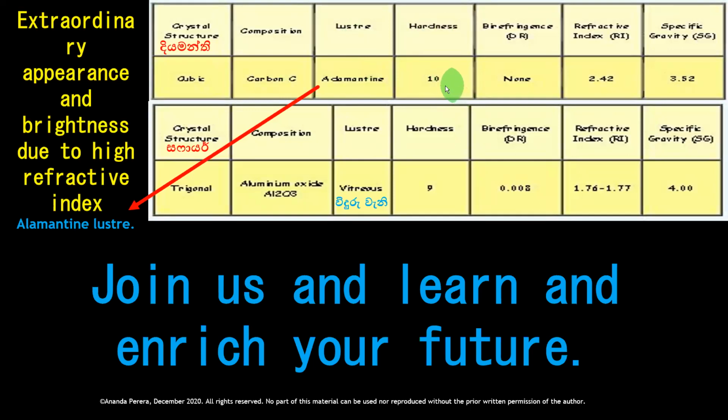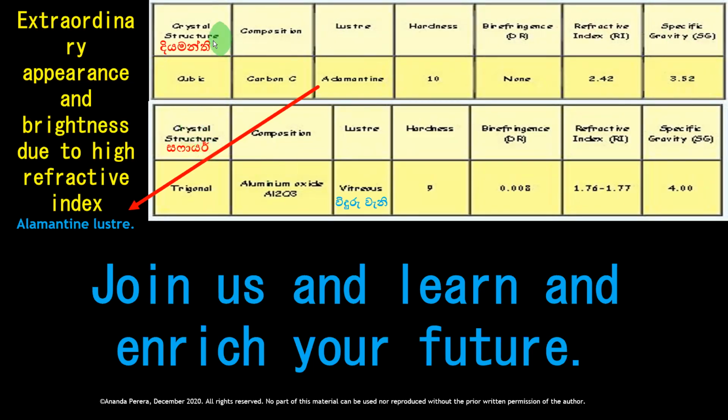Hardness is 10. Birefringence is none. RI is 2.42. All the gems are below 1.8. But the RI of this is more than 2, 2.42, the diamond, because of the hardness. Specific gravity is this, 3.52.